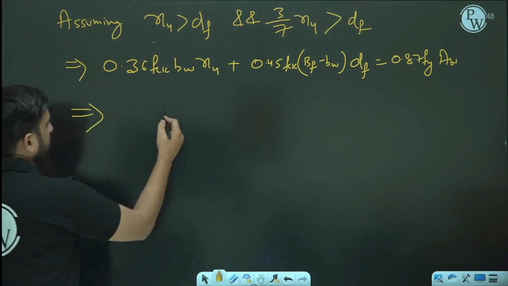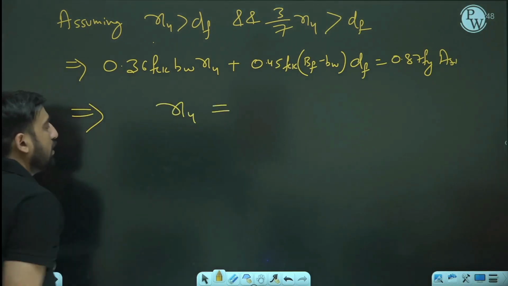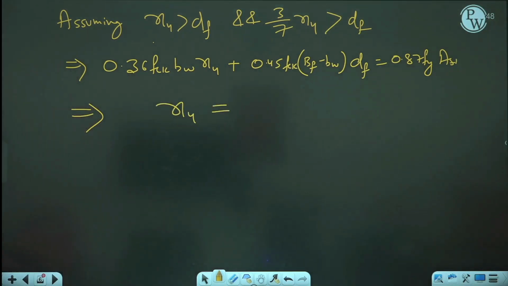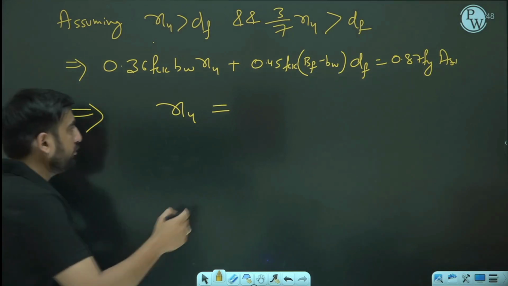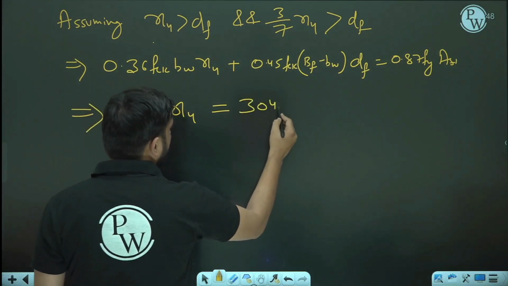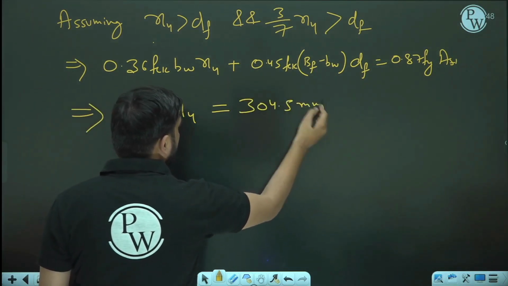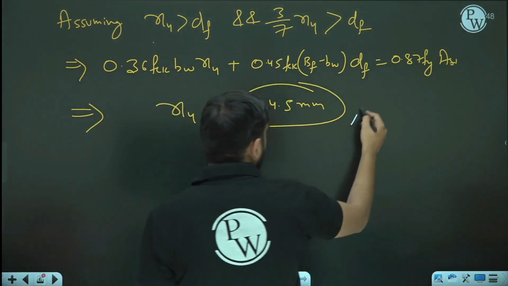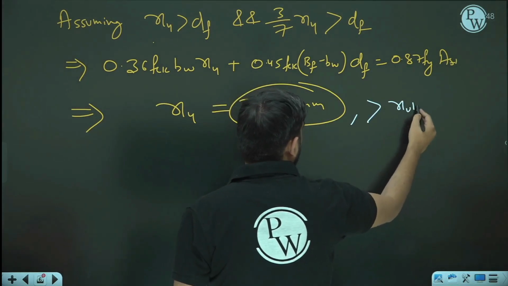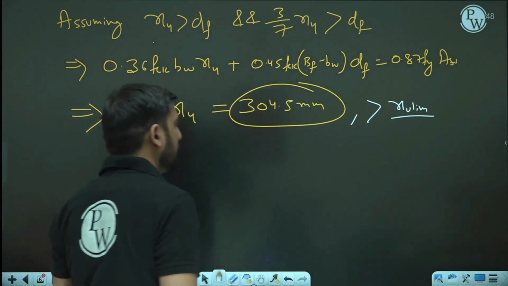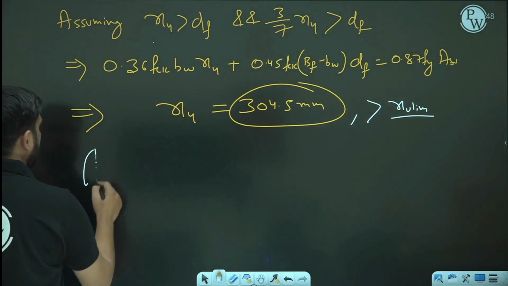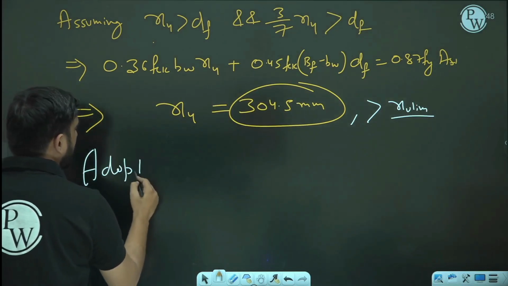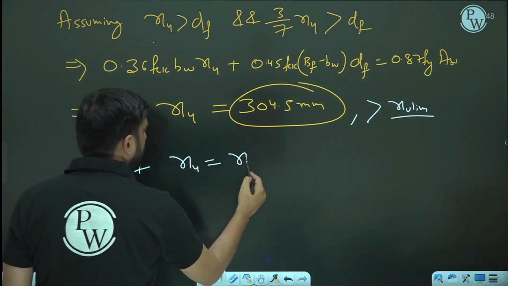So on solving this equation, you are getting the value of XU, and this XU is coming out to be 304.5. And my dear friend, this 304.5 is greater than XU lim. So we are going to take our benchmark as XU lim. So adopt XU equals XU lim.